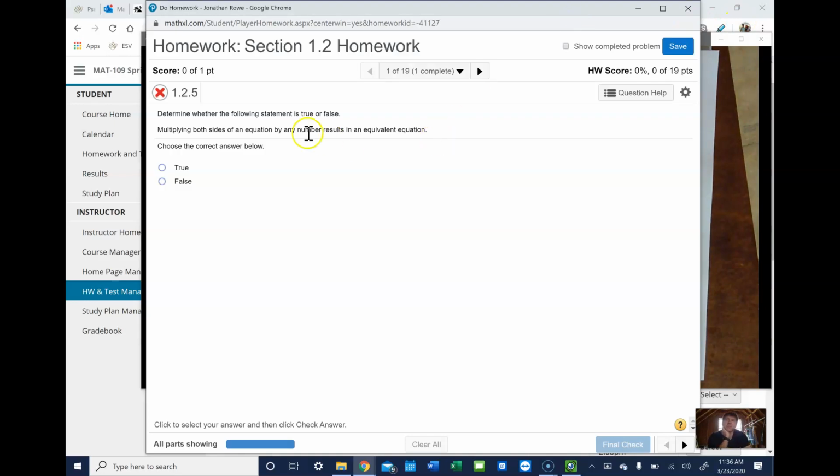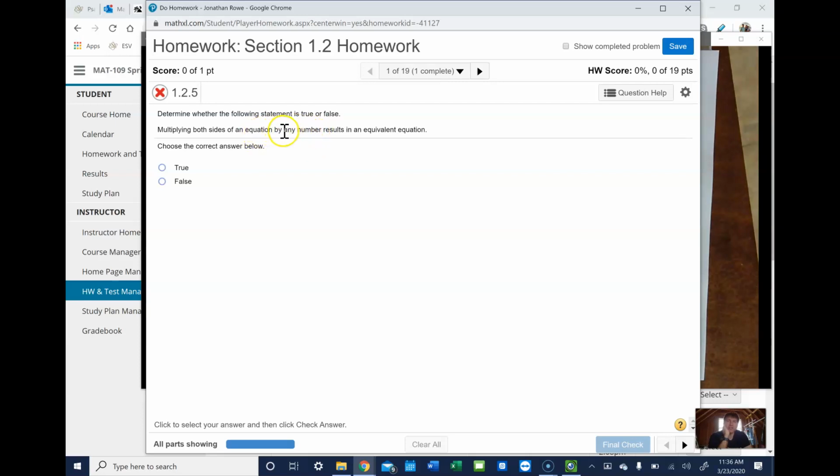Let's look back at this problem. It says, multiplying both sides of an equation by any number results in an equivalent equation. When I first read the question, I thought that sounds like it's a true statement, but because it says any number, we're going to say false because it has to be the same number.